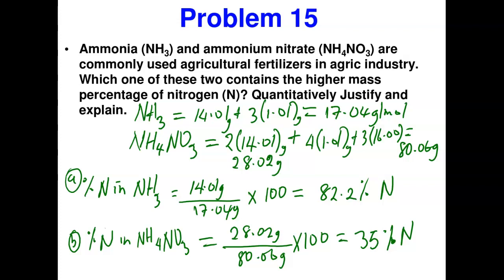And the reason why that is because the mass of this guy is 80.06 and the mass of this guy is 17.06. So when you divide a number by a bigger denominator, it tends to make it very much smaller. So that is why you see that in both of these two guys, ammonia actually contains a higher percentage of nitrogen of 82.2%.